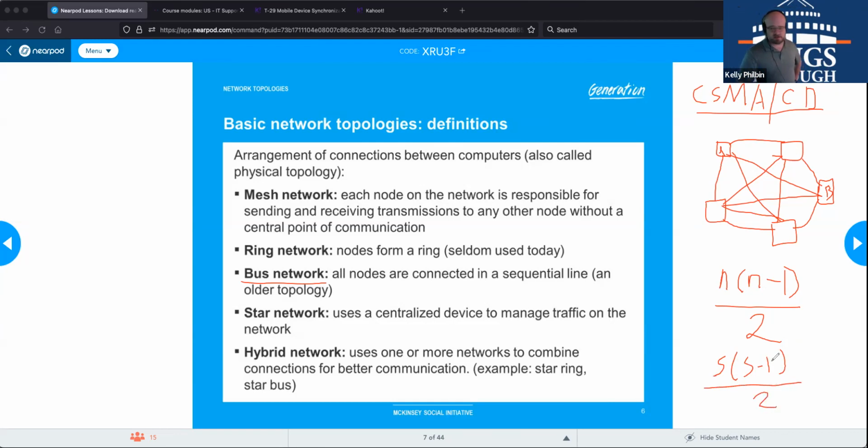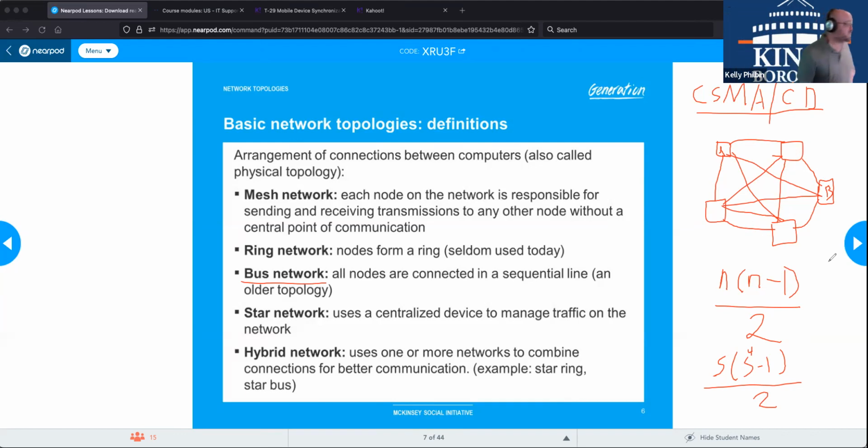So 5 minus 1 gives us 4, right? 4 times 5, what's that? 20. Divide by 2. 10. So we need 10 cables if we have a 5 computer network. And you can go through and count them if you want. 1, 2, 3, 4, 5, 6, 7, 8, 9, and 10.